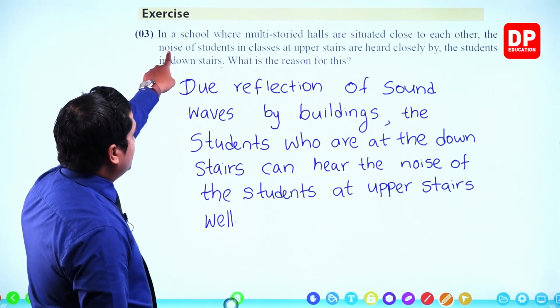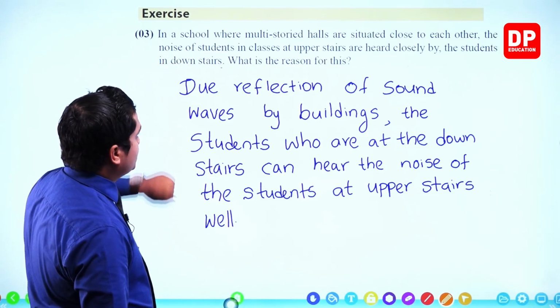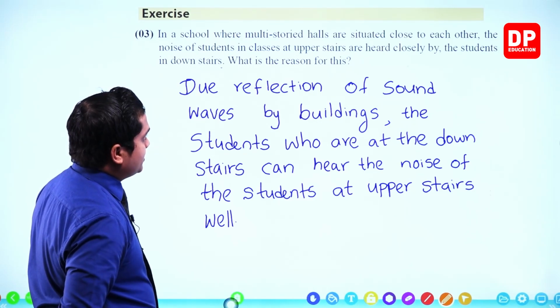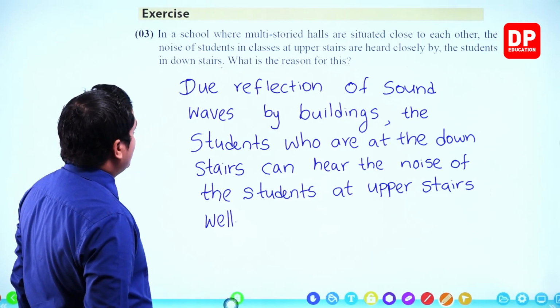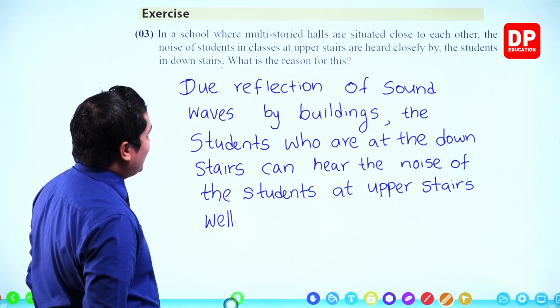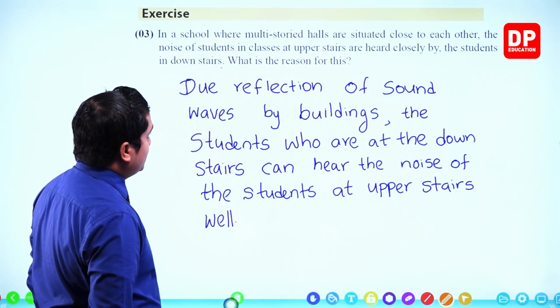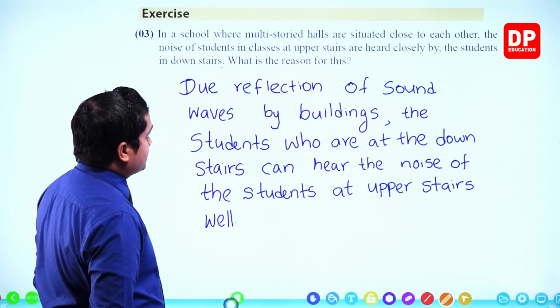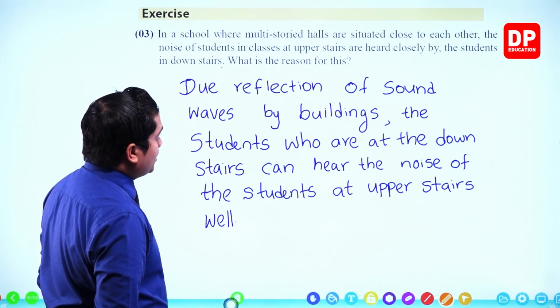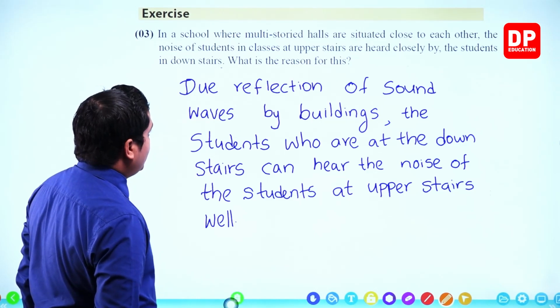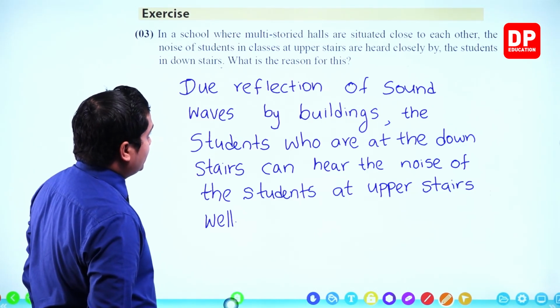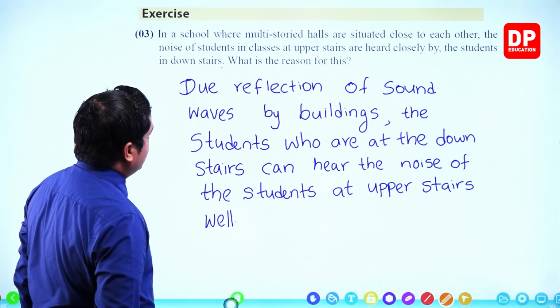Right. So the question once more. In a school where multi-storied halls are situated close to each other, the noise of the students who are at the upper classes are heard closely by the students in downstairs.